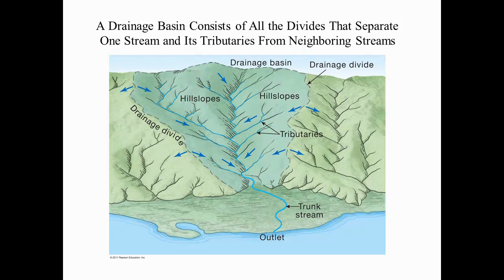So in other words, all the runoff from precipitation that falls within the drainage basin to the left will collect into that major stream running through the central valley. On the other hand, precipitation falling into the drainage basin to the right will collect within different streams. And those drainage basins, in turn, are separated by these drainage divides.